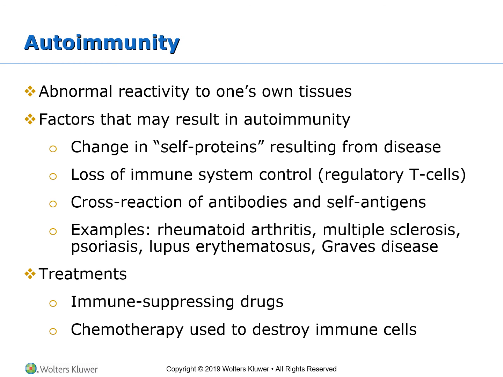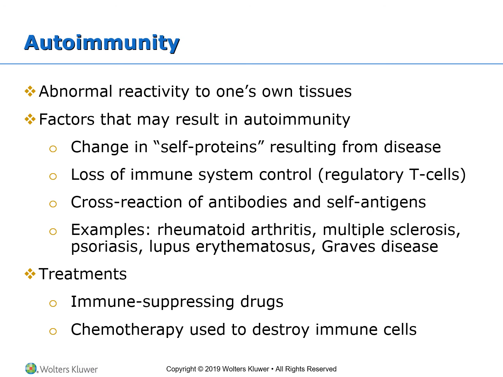The factors that might result in autoimmunity include the following. There may be a change in the self-proteins, those proteins that are coded as personal, and as a result the structure will not be recognized as self. There may be a loss of immune system control, as happens when the body loses control over the regulatory T cell activation.